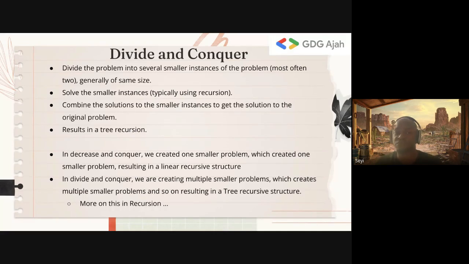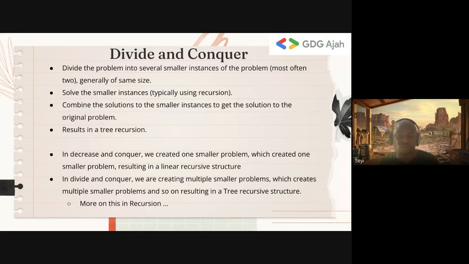So for divide and conquer, we are dividing the problem into several smaller instances of the same problem. Most often it's two. It could be more. Then, since we have reduced the problem into smaller problems, we try to solve the smaller instances, typically using recursion.